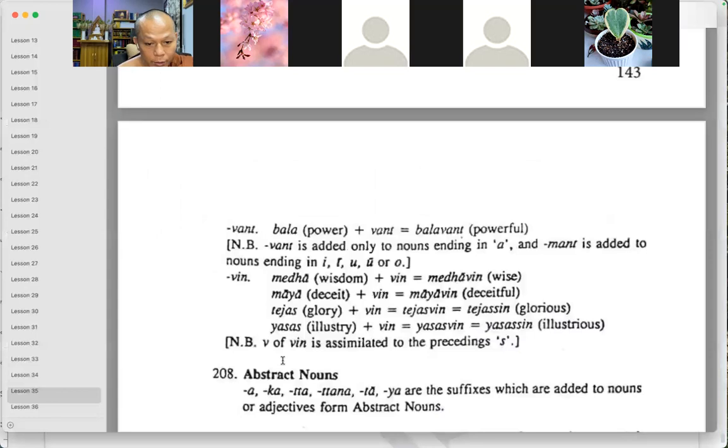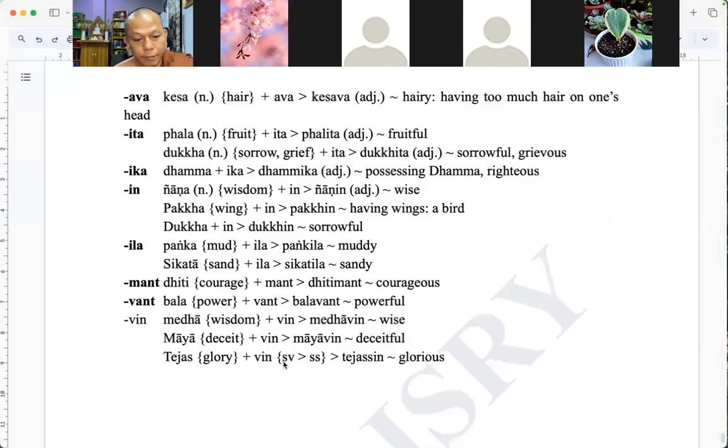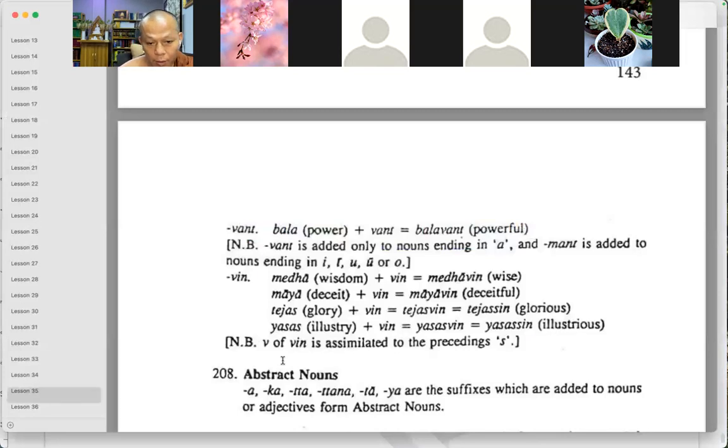Okay, glorious. And yasas is here illustrious.